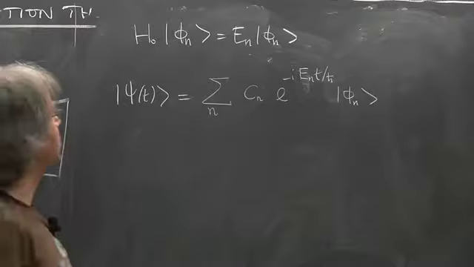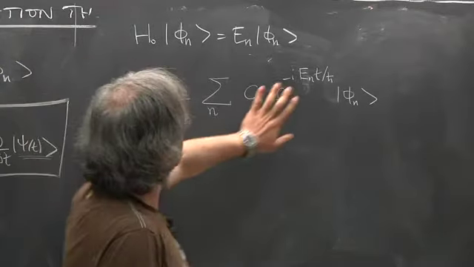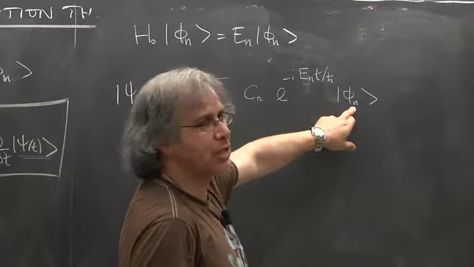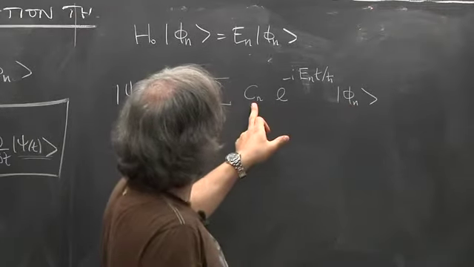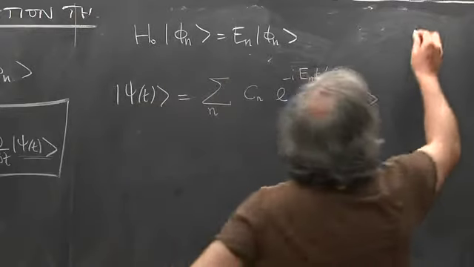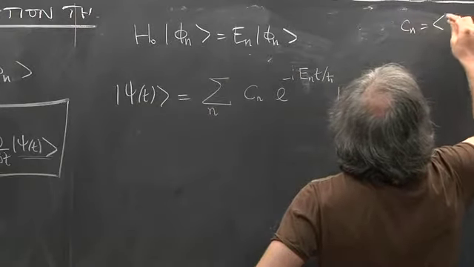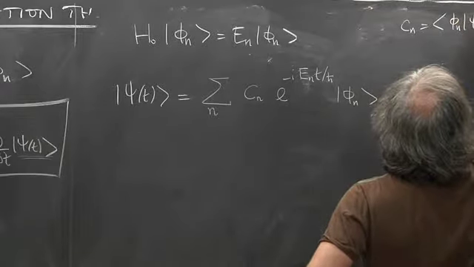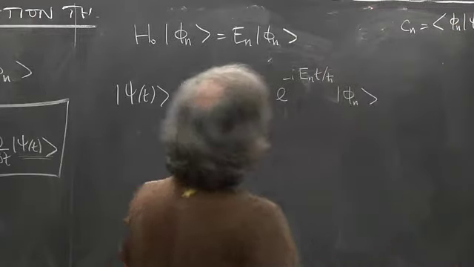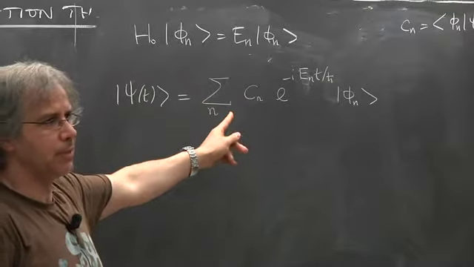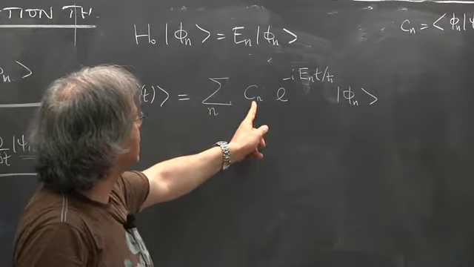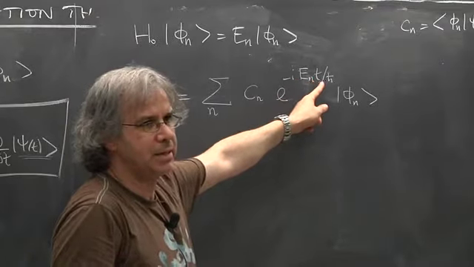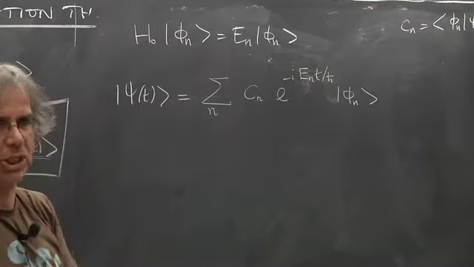So I write the state at time t equals 0 as a superposition of certain of the states phi_n, okay, with c_n being simply given by the scalar product between phi_n and the state at time 0, and then I know that the solution must be of this form. In other words, the c_n simply gets a factor that is e to the minus E_n times t divided by h bar. Is this clear?